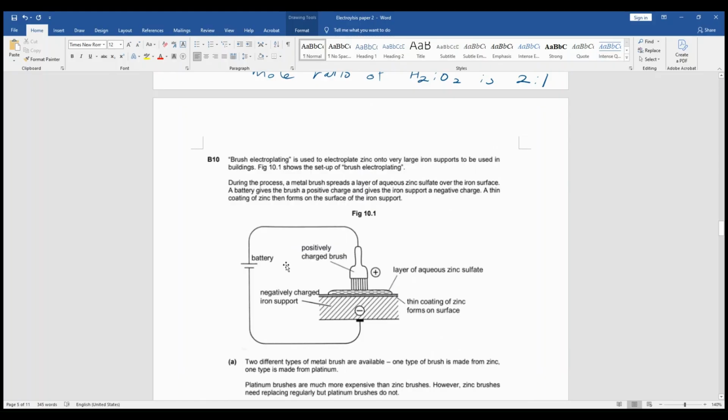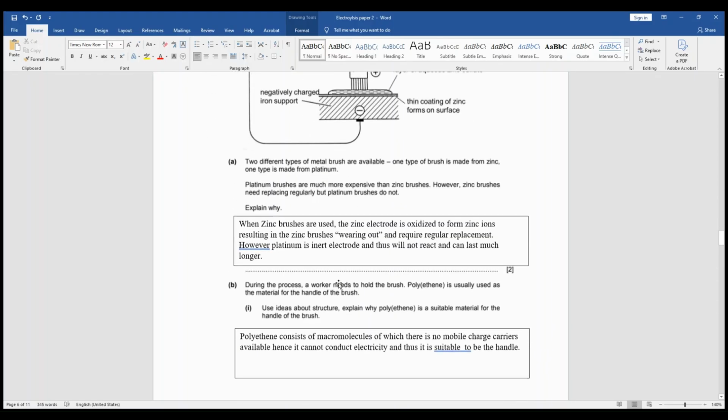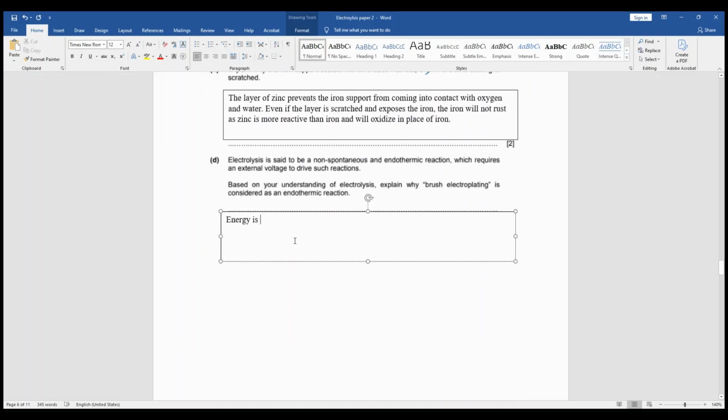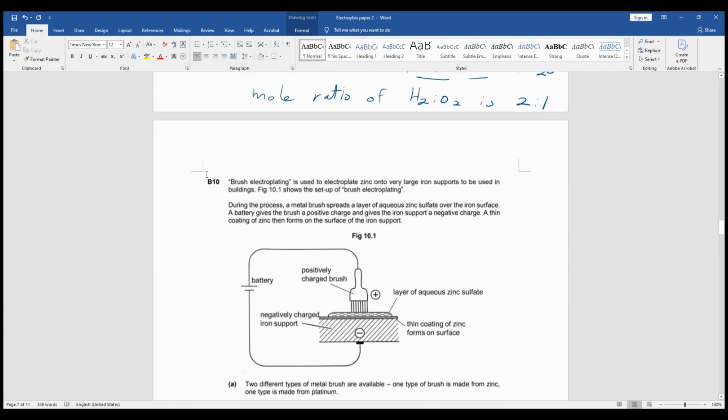You must use what we know now: electrons actually flow, so coming from this side, electrons go to the battery. Energy is provided by the battery.